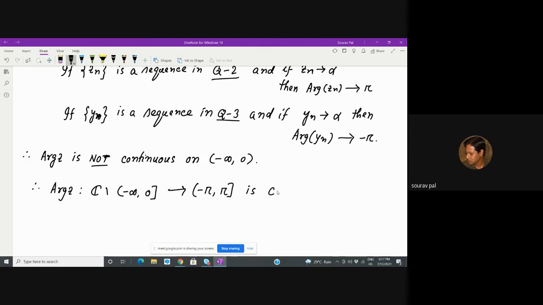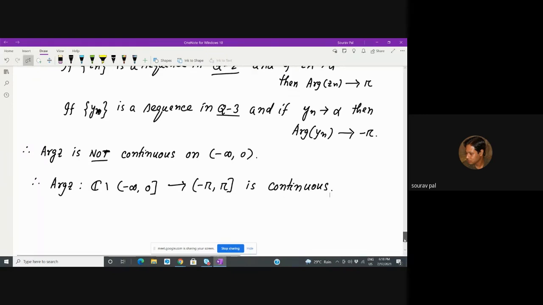Is continuous. And this is the maximal possible domain. This is the maximal domain on which this function is continuous. No doubt about this, right? So this closed ray should be removed from the complex plane if you want continuity of this function.